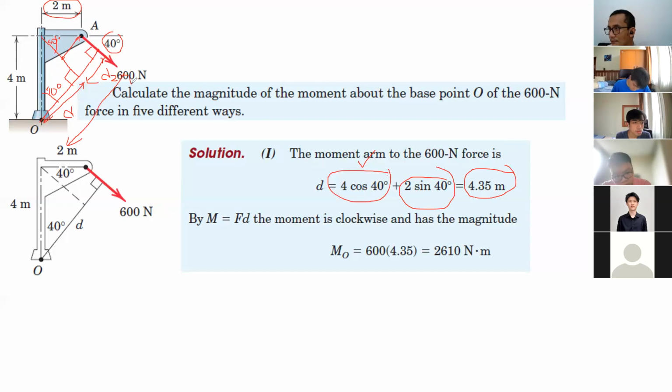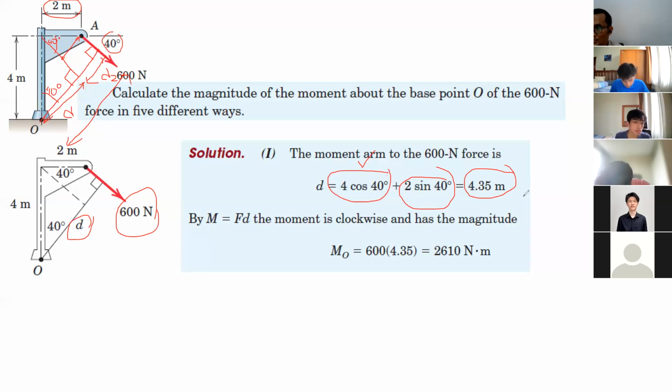Do you get it, Fauzan, Safran, and Shan? Okay, good. Yes, sir. So that's the perpendicular distance. If we already get the perpendicular distance, then it's simple. In order to find out the moment at point O due to force 600 Newton, we can multiply the magnitude of the force 600 Newton with the perpendicular distance.